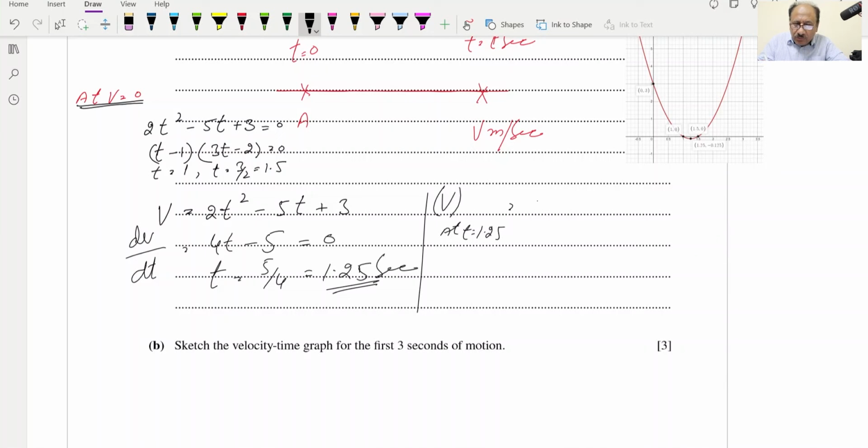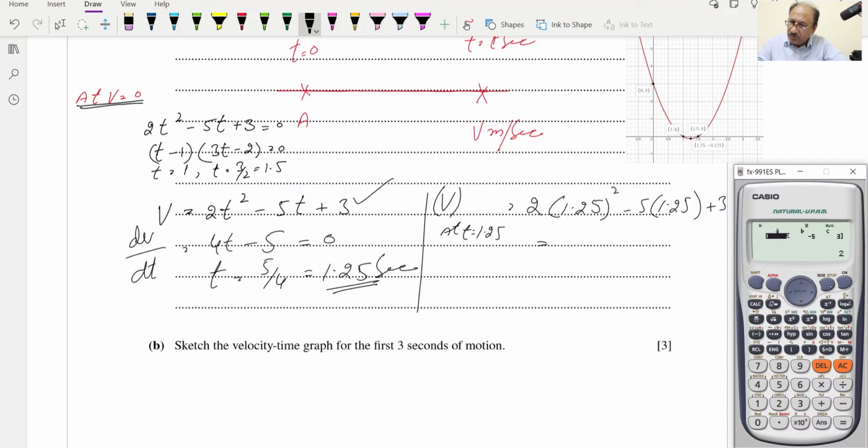This will be equal to 2 into, we are replacing in this equation, 2 into 1.25 squared minus 5 into 1.25 plus 3, and we can simplify this with the help of a calculator.